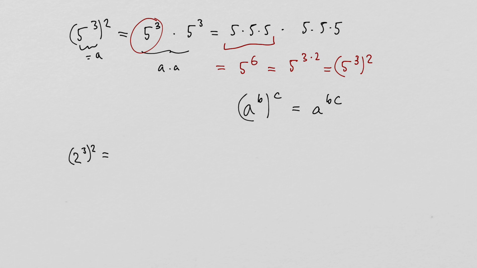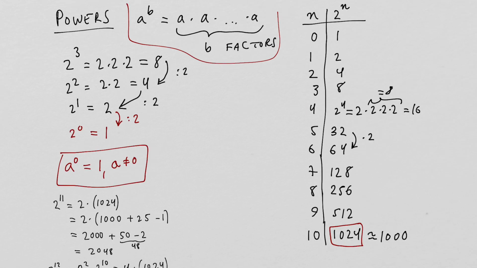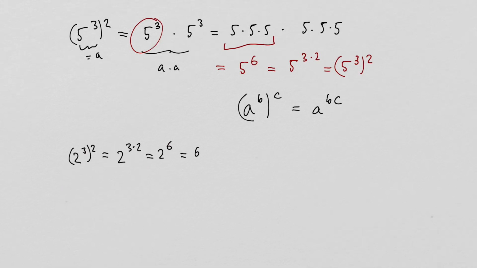How much is 2 to power 3 to power 2? Well, that is 2 to power 3 times 2. It's 2 to power 6. Let's check from our table. It is 64. What is 2 to power 3 to power 2, with the brackets the other way? Well, this power here seems to be 9. 3 times 3 is 9.